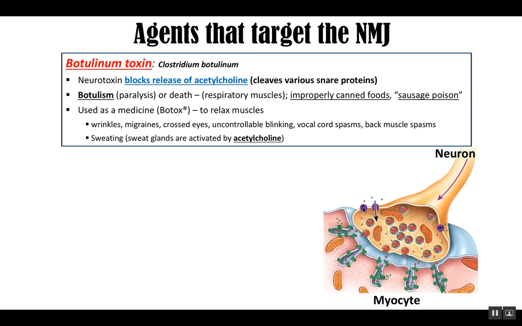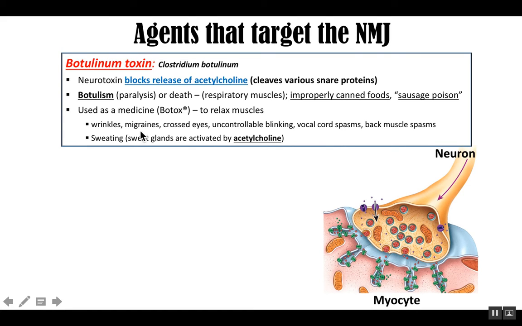But nowadays we use this toxin for a number of different medical treatments, and we call it Botox. You've probably heard of Botox in the form of cosmetic treatment to reduce wrinkles, but there are also a lot of other treatments we're using Botox for.